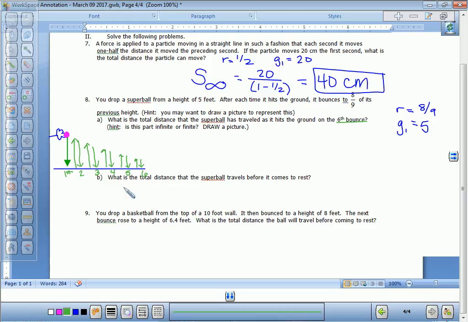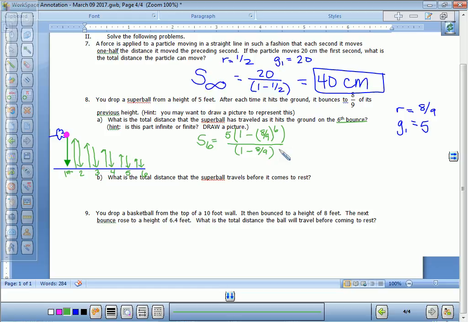So instead of using infinite, we have to go back to the finite formula. The sum of the first 6 times is going to be g sub 1, which is 5, times 1 minus r, which is 8 ninths, to the n, over 1 minus r.